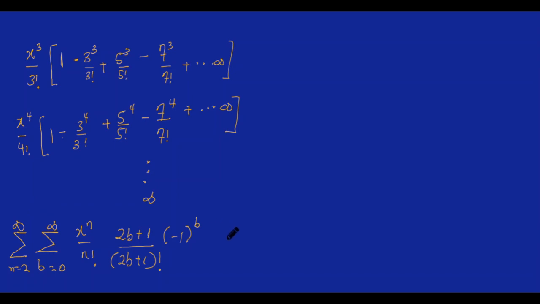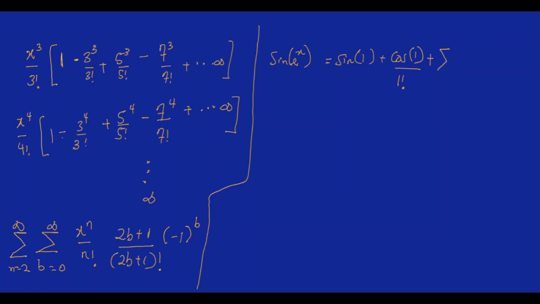So this gives the shortened version, in terms of the summation notation, for the rest of the terms. And because of this, we can write the expansion of sine e raised to the power of x as sine 1 plus cos 1 divided by 1 factorial plus the double summation that is representing the rest of the terms.